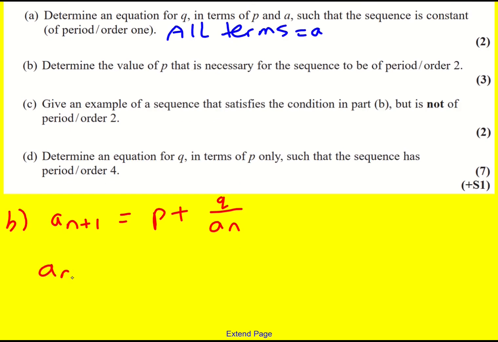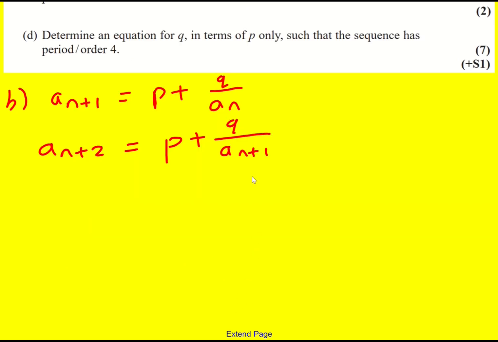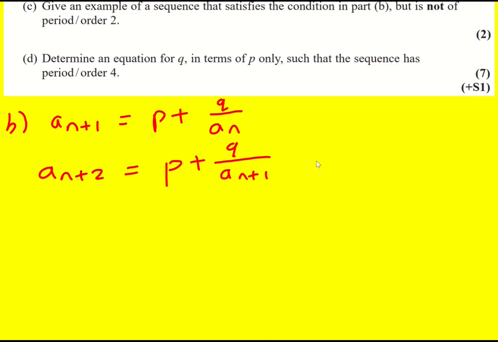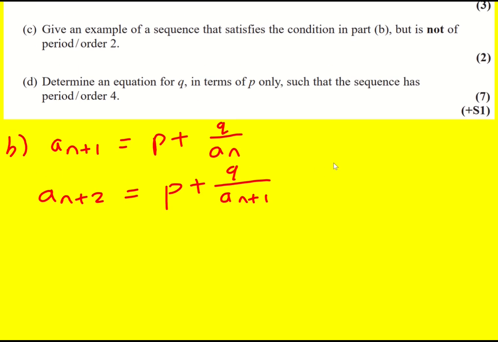And that means that a_(n+2), the next one, is going to be p plus q over a_(n+1). But now I can substitute in for a_(n+1) and get it in terms of a_n, and then I can set them equal.